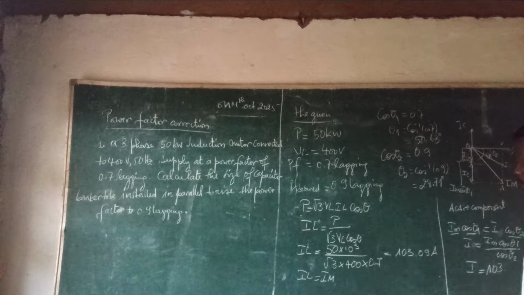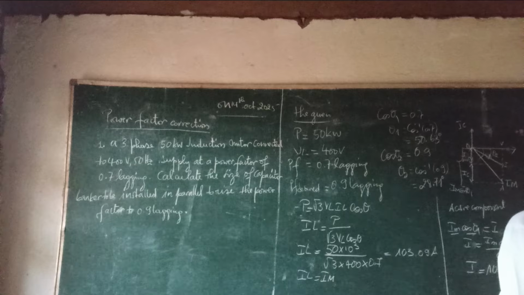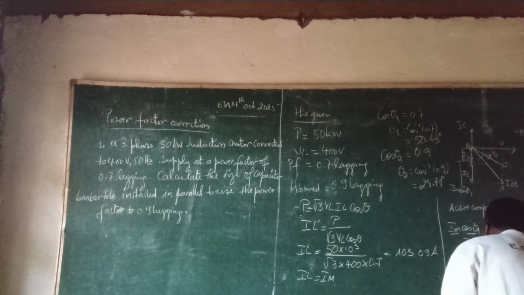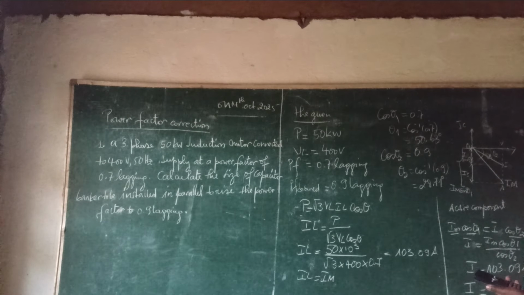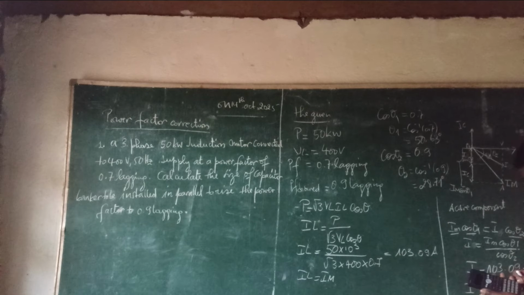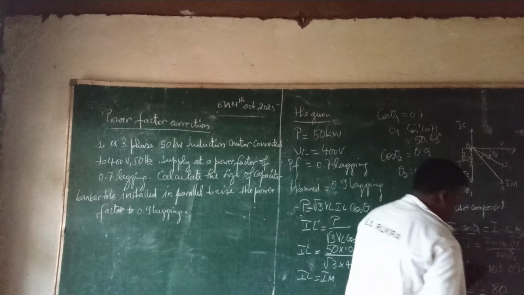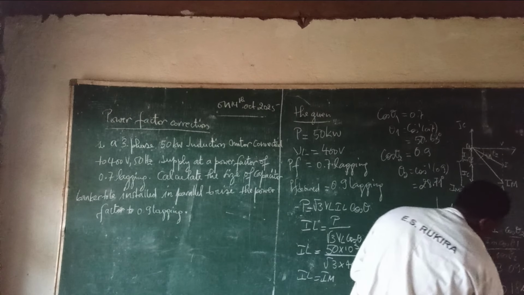equal to 103.09 times 0.7 over 0.9, which is in amps. The desired current will be equal to 103.09 times 0.7 divided by 0.9, which is equal to 80.18 amps.